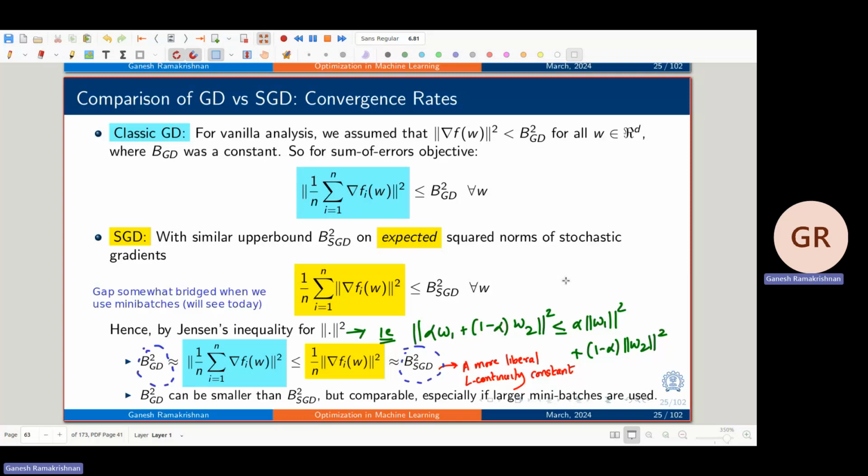Is the question clear? If I take x plus 2x plus 3x, right? That's what is happening.